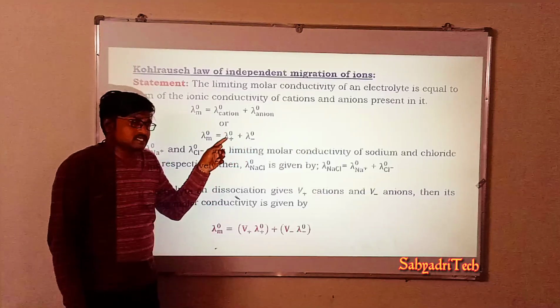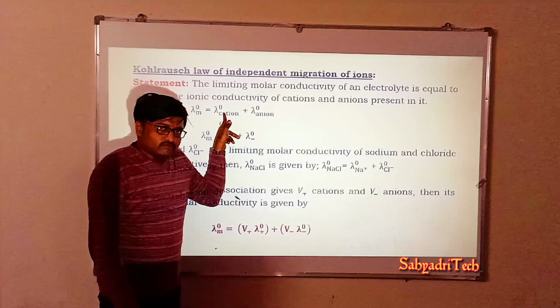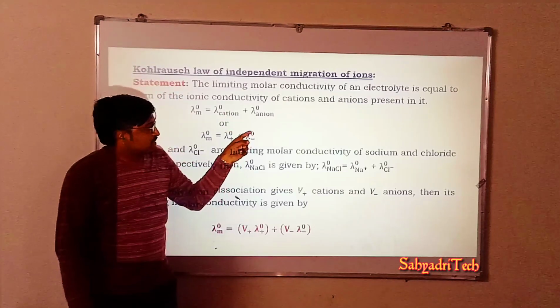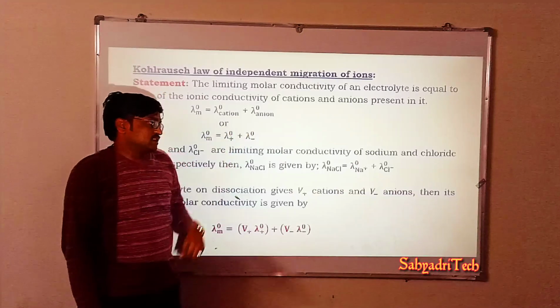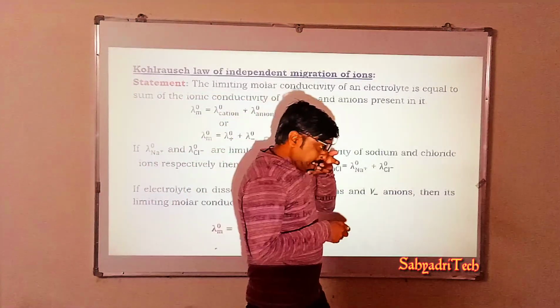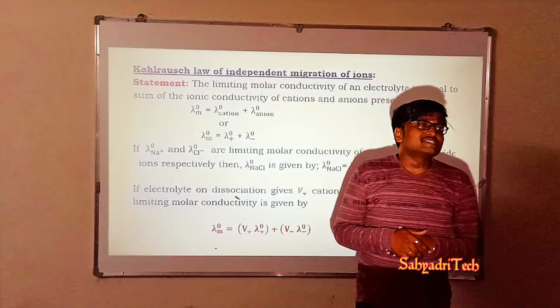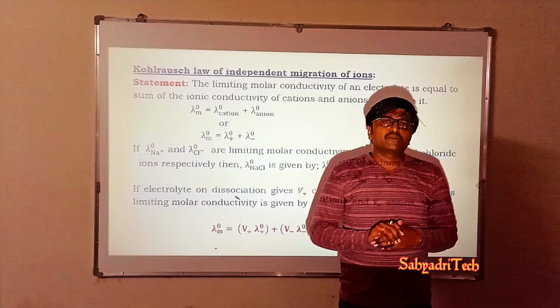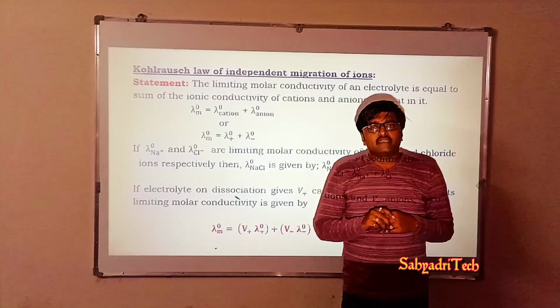Here lambda naught plus indicates the limiting molar conductivity of cations, while lambda naught minus indicates the limiting molar conductivity of anions. Further, when 1 mole of an electrolyte undergoes dissociation, it is not necessary that it produces only 1 mole of cation and 1 mole of anion.